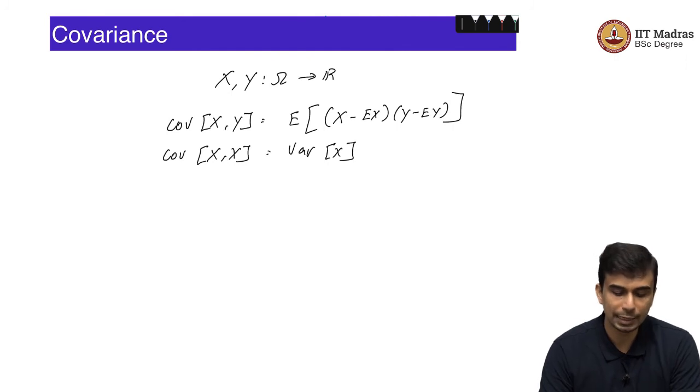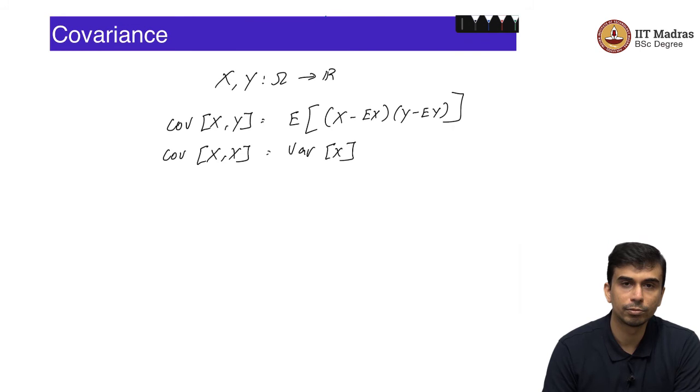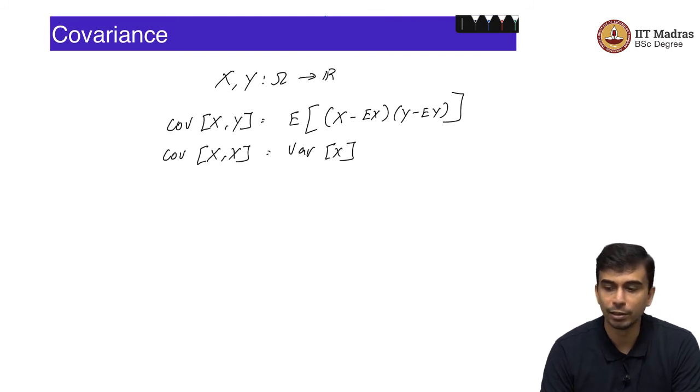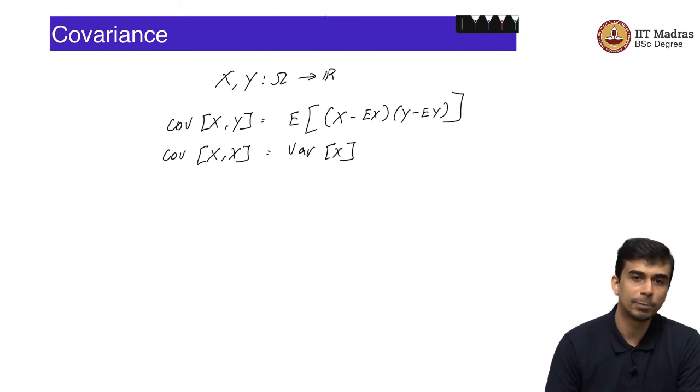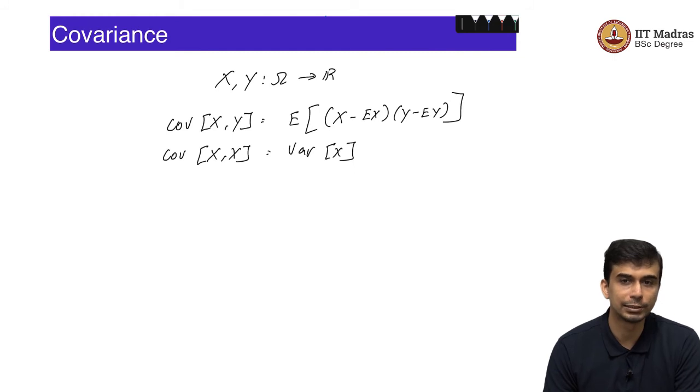So, what is the interpretation of the covariance of a random variable? If you have the covariance of two random variables as high and positive, that indicates that these two random variables generally go together, either increase together or decrease together. For example, you might hear in some statistical study that the covariance between heart risk and blood pressure is positive, which means that as your blood pressure increases, your heart risk also increases.